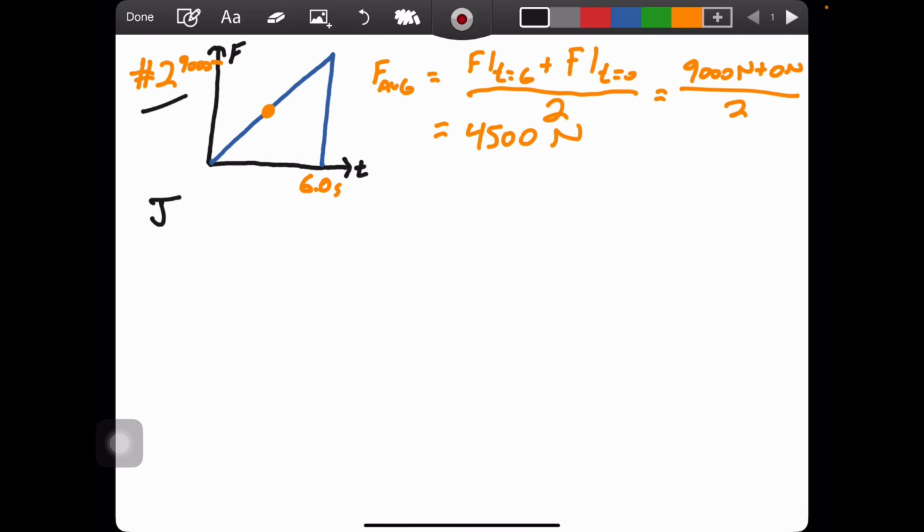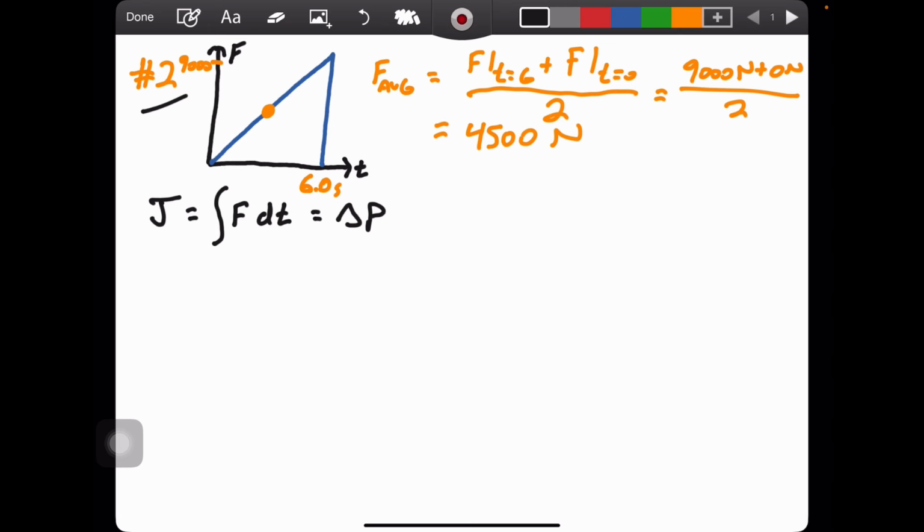So we're going to use J for impulse. Defining J generally, it is the time integral of some force dt. And I'm going to make a case that this time integral of force dt can also be expressed as some change in momentum.